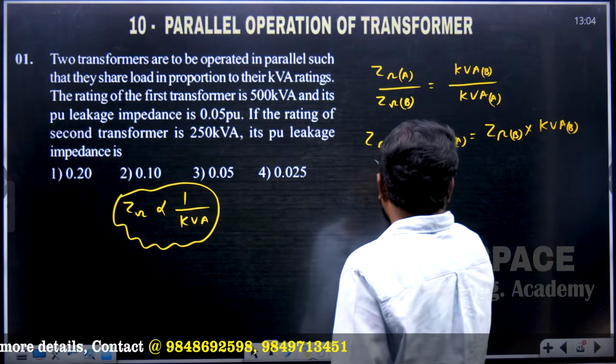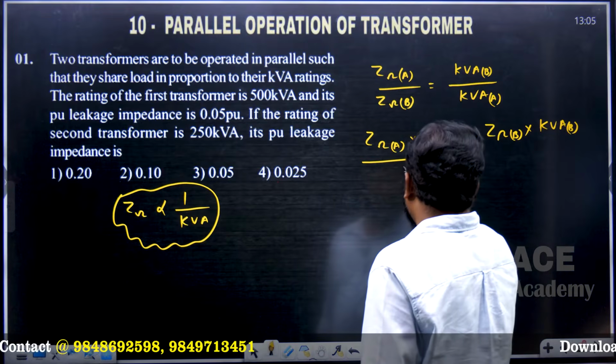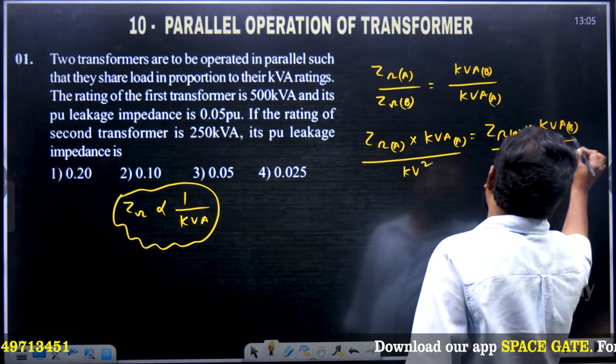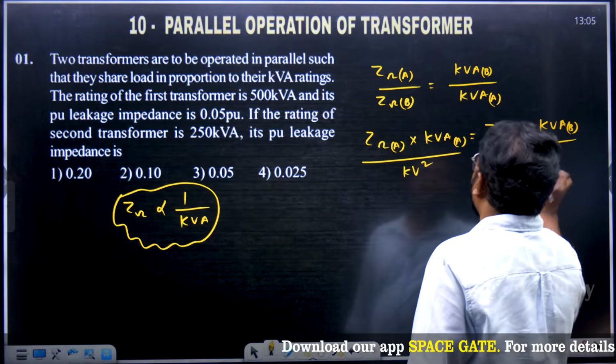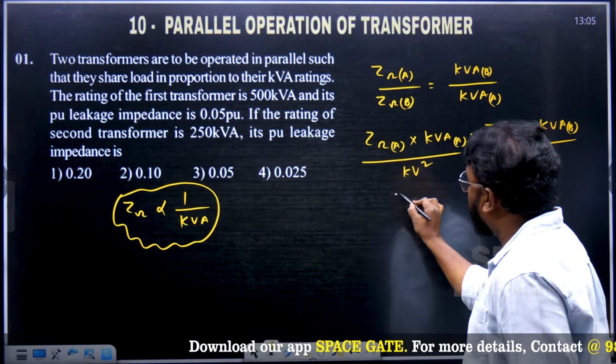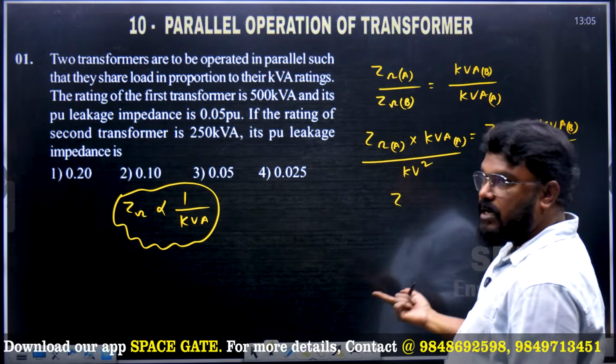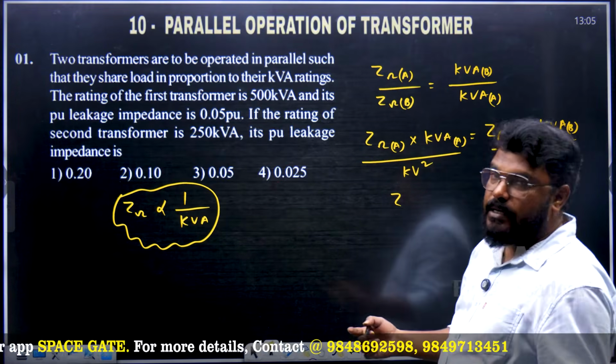I am dividing this by the kVA, kilovolt squared, and here also kilovolt squared. Now you can write the per unit impedance from the ohmic value over kilovolt squared. Assume that the voltage ratings are equal.